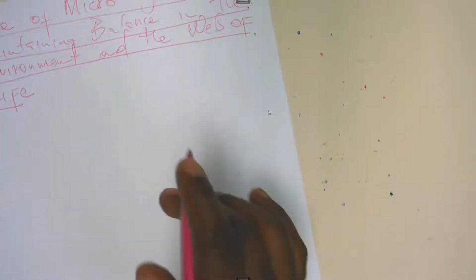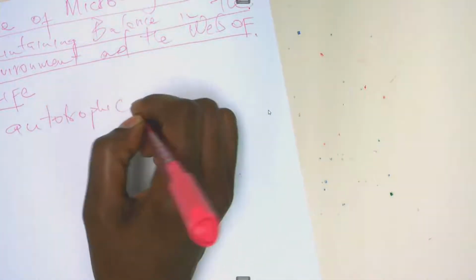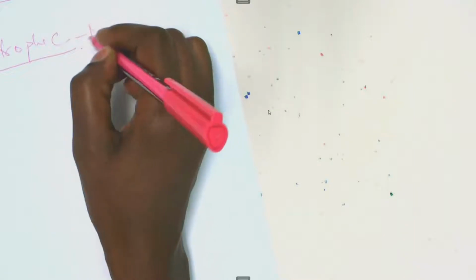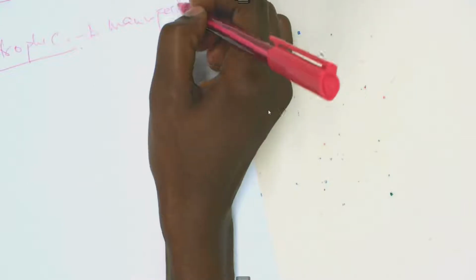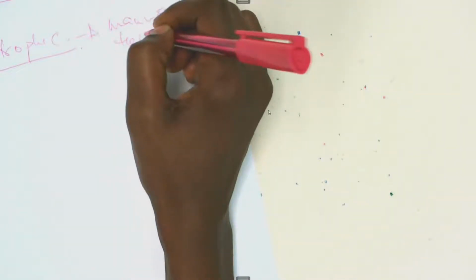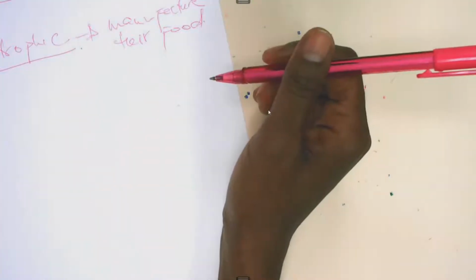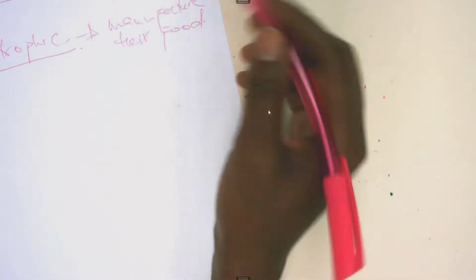You remember that some of the microorganisms, as we have said, are autotrophic. So autotrophs or autotrophic organisms, you still remember that they are able to manufacture their own food by making use of light energy or chemical energy.